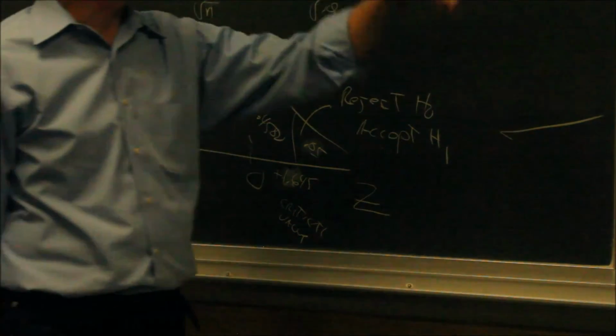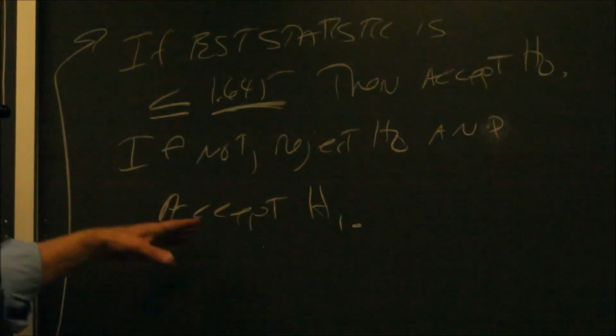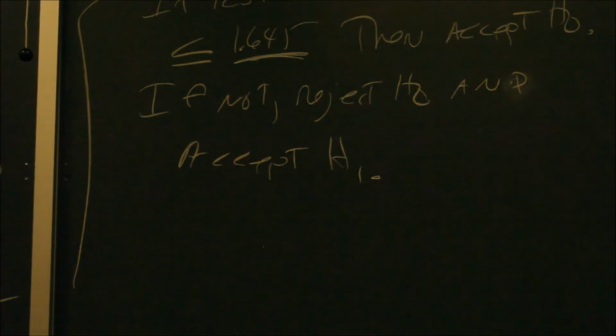And so we go up here and we say if the test statistic is less than 1.645, then accept H0. If not, reject H0 and accept H1. Where did you get the 1.645 again? You go to the Z table. Now remember, this is a Z distribution. That means you should be on that table. 0.05 is in the tail. Now remember, the way the book does it, the book gives you from 0 out to the Z. So if 0.05 is in the tail, 0.4500 is here.